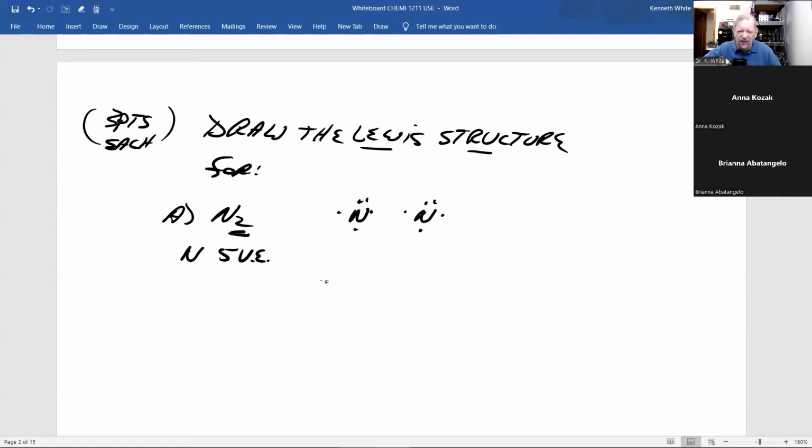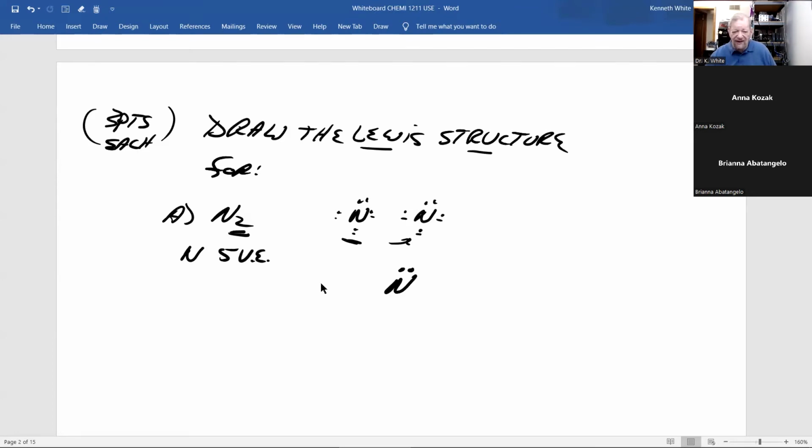It's different for molecules. So this nitrogen says to this one, I've got 1, 2, 3 unpaired electrons. You've got 1, 2, 3 unpaired electrons. Let's share. And they do.